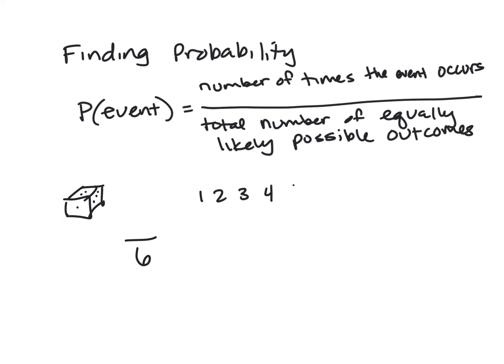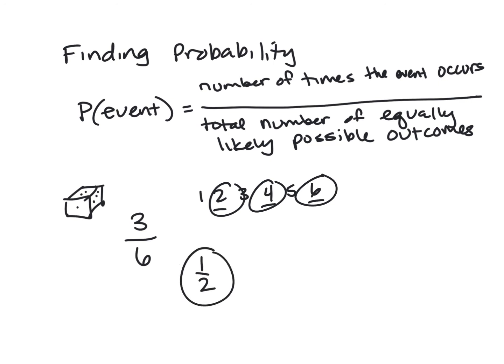Remember, there's 2, 4, and 6. That's 3 of them. 3 out of the 6 are possible to be even. I can reduce that fraction because 3 divides evenly into both 3 and into 6. So my probability is 1/2. That's how you find the probability.